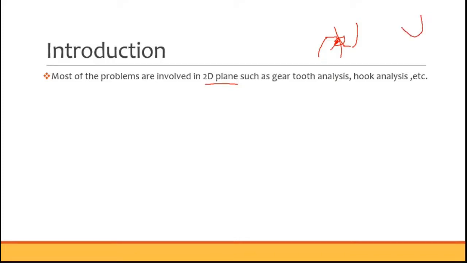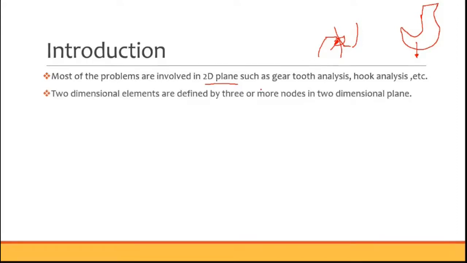If I consider a hook, something like this, with a varying cross section, when you apply a force, what is the stress developed in this hook? When you look at it in 3D, it is different. But we are converting that 3D to two dimensions and solving it.